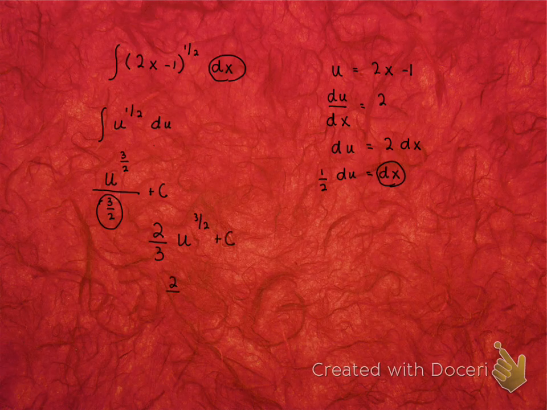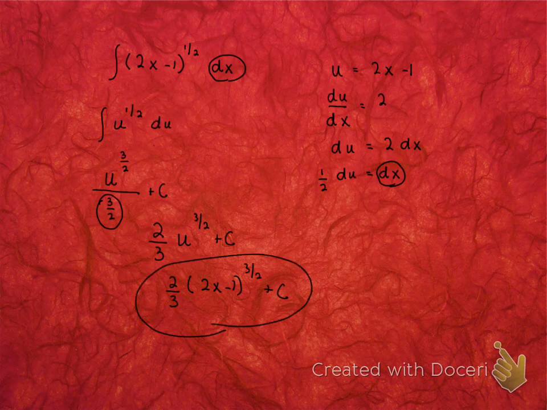Now all we have to do is put our u back in to finish it off. I don't know why they said that was a change of variable, because it is very definitely not.